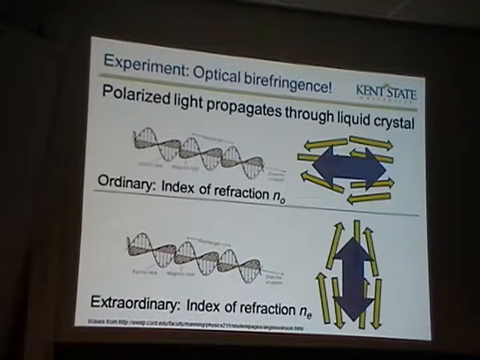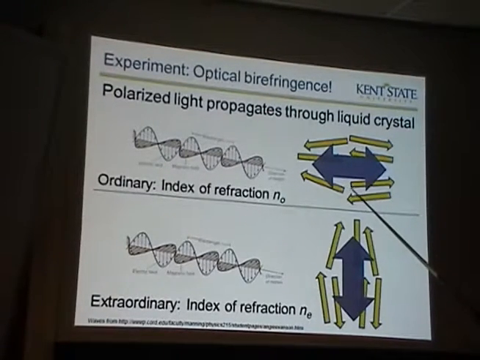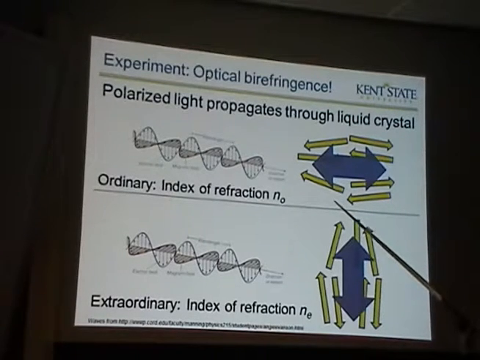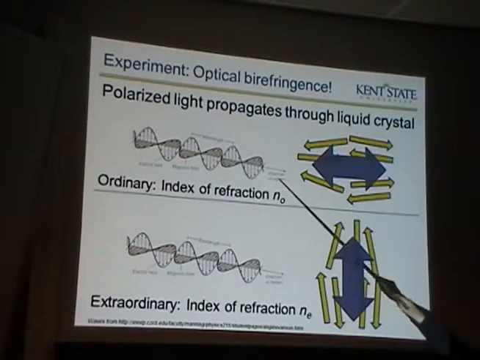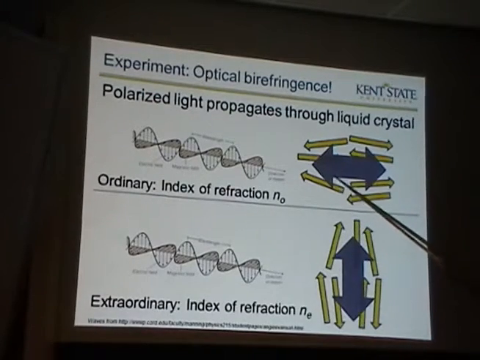So now, suppose the light is propagating through a liquid crystal phase, a nematic phase. Well, now you have to ask, what's the orientation of the polarization compared to the orientation of the liquid crystal molecules, the director? If the light is coming in like this, then the electric field is perpendicular to the director.